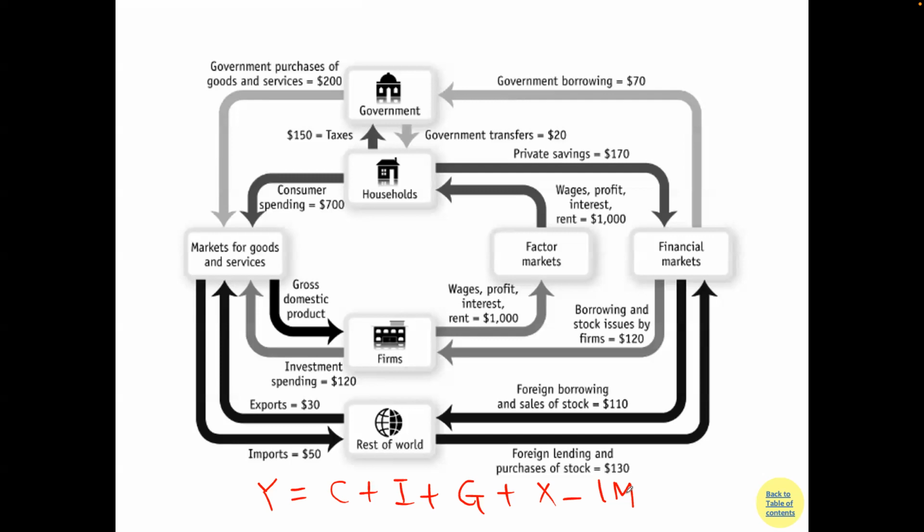And then where does the 20 go? It works through the financial market, but what's the purpose of this $20 of lending? It balances out the difference between your imports of 50 and your exports of 30. Excellent. You don't have to trade.